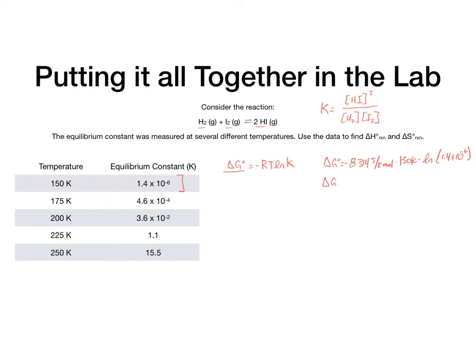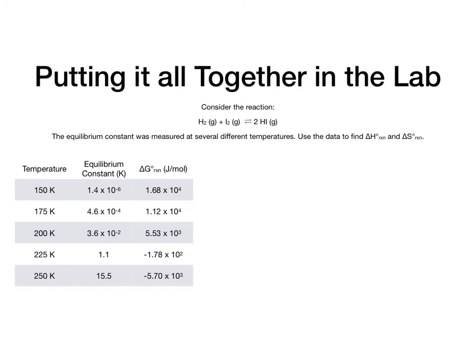And if I type that into my calculator, I get that delta G is 1.681 times 10 to the fourth joules per mole. So what I would do is the same process for each point. And if I do that, I get this data out.